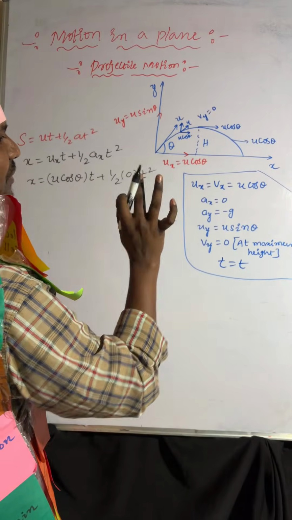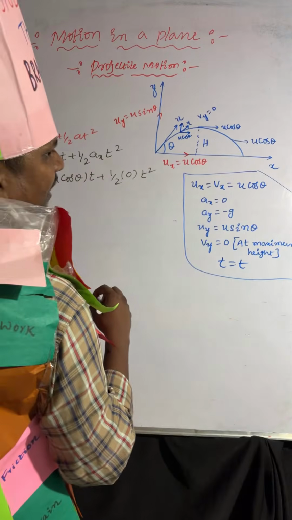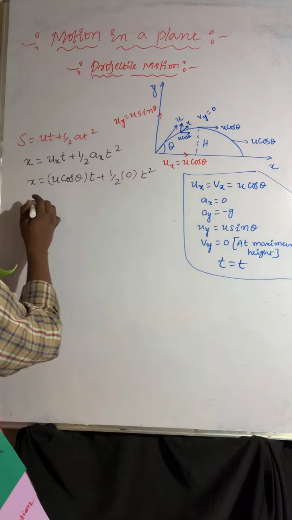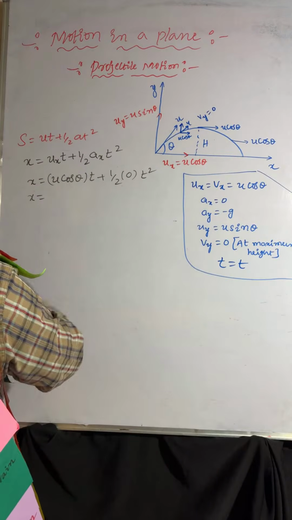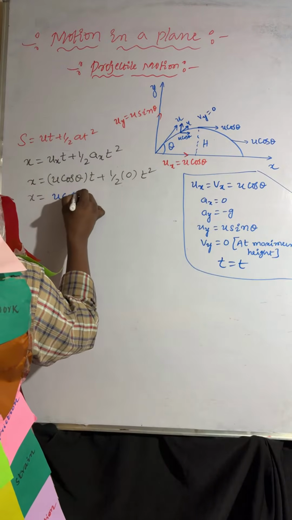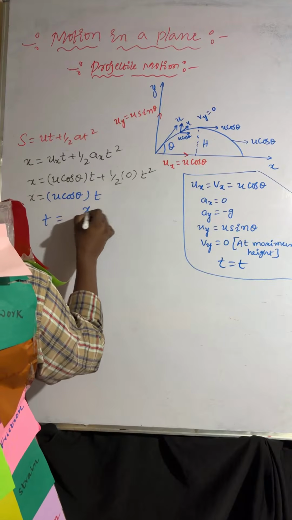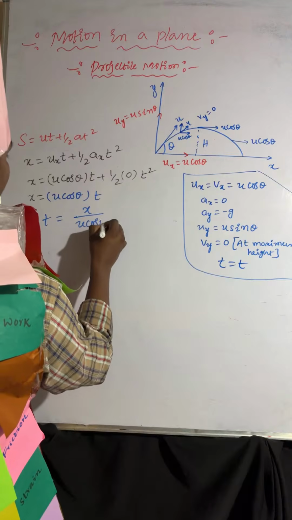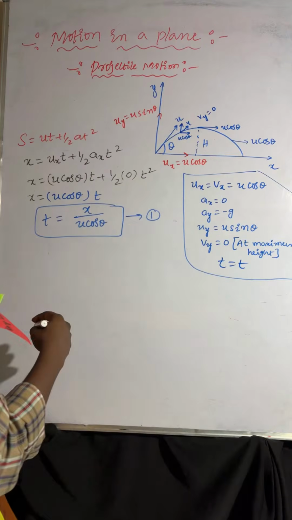Acceleration along the y-axis, ay equal to minus g. So x equal to u cos theta into t, then t equal to x by u cos theta. Keep in mind this is equation 1.